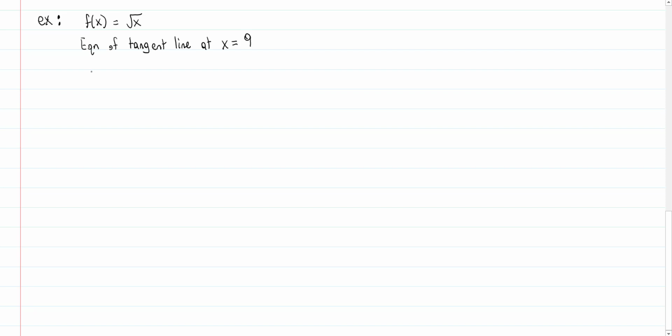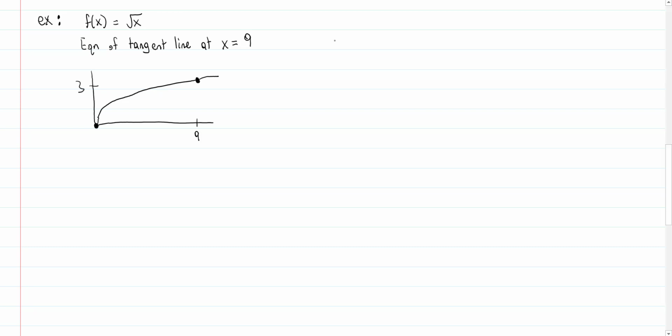Now it's not necessary, but I will just draw a quick graph of this function. At x equals 9, the y-coordinate f of 9 would be the square root of 9, which is 3.